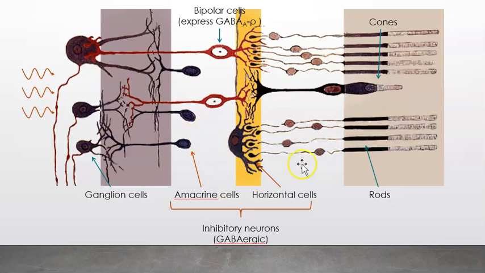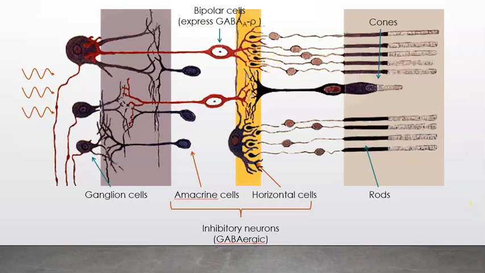Amacrine and horizontal cells provide modulatory input to the bipolar cells and are responsible for modulating that visual field and moderating sensitization, including balancing those inputs from the rods and cones, which is really important when we have low light. That's also why we don't get as much information when there's low light, because then we don't get that inhibition of these rods and cones, all of that fun stuff.